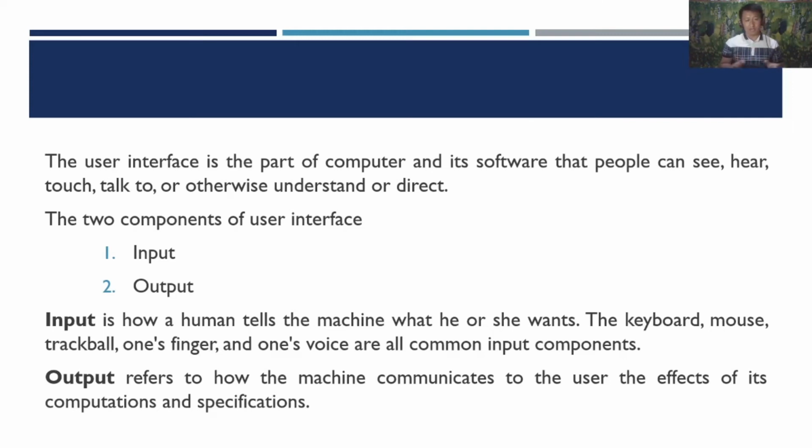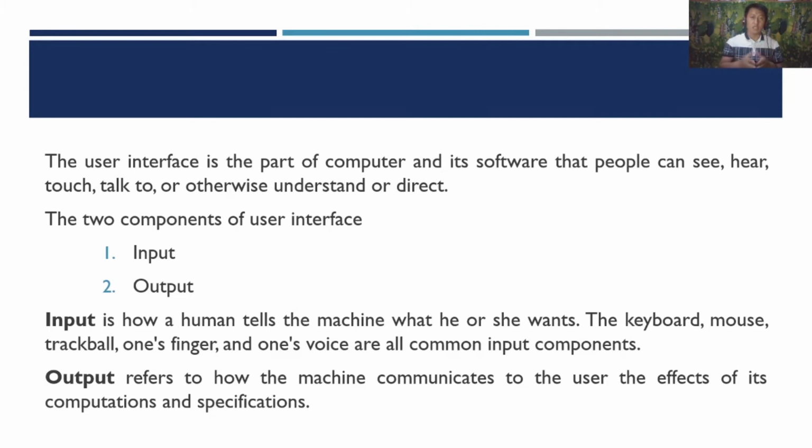There are two components of the interface: input and output. Input is how a human tells the machine what he or she wants with the use of the parts of the computer, for example keyboard, mouse, headset, speaker, or microphone, and some others like finger sensing or touch screen.